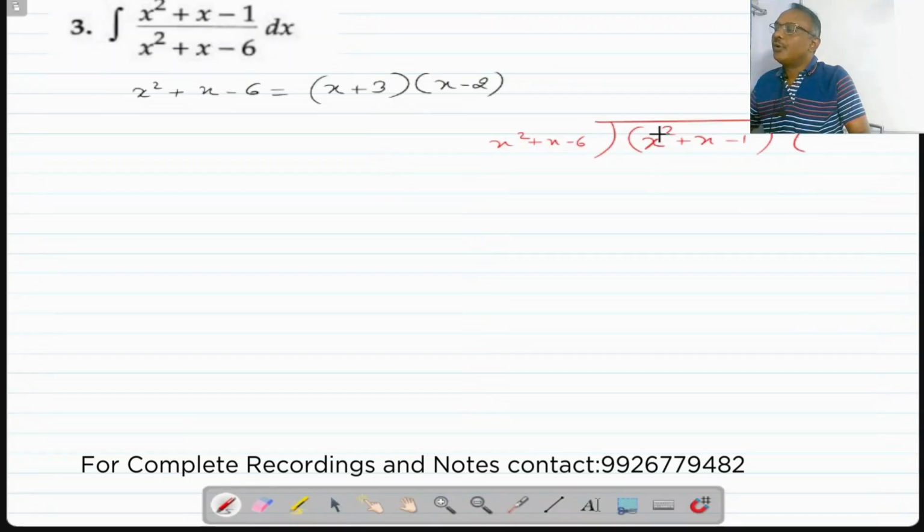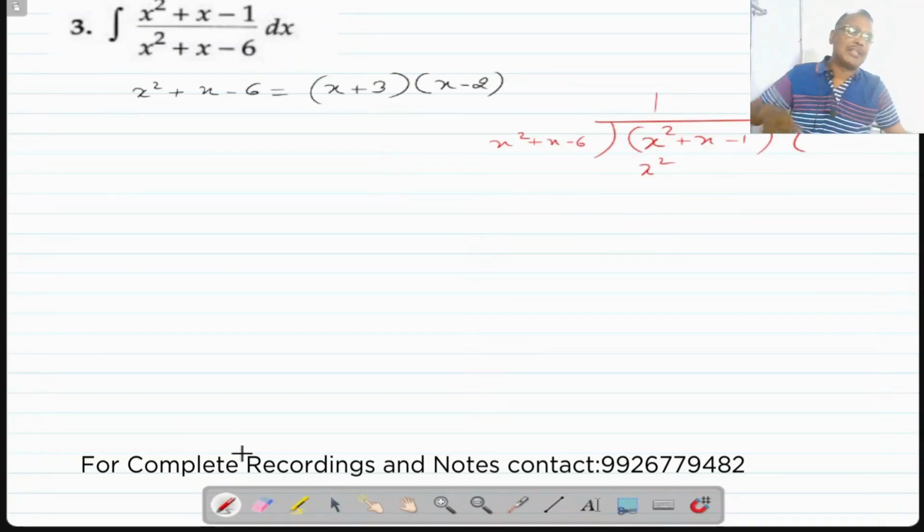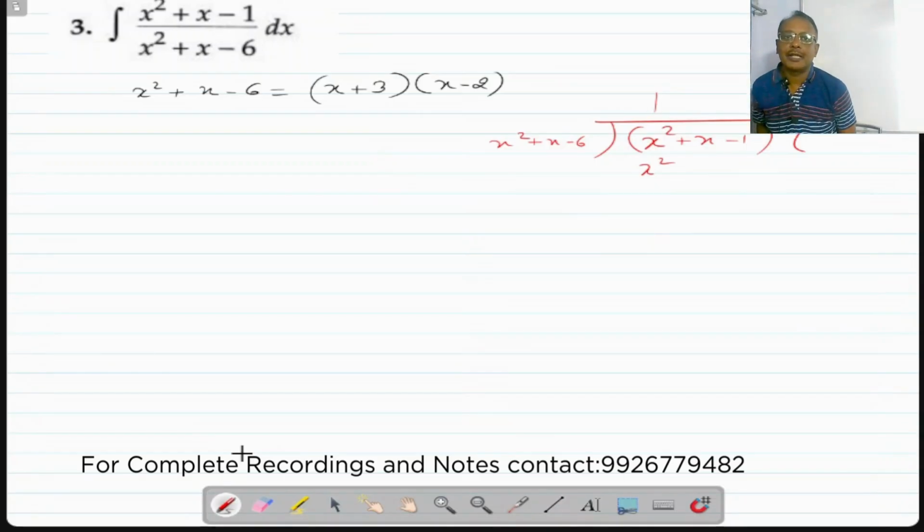In what is it going to go? Will it go in one time? तो पार्शियल फ्रैक्शन कहता है चल अभी डिवाइड भी मत कर, पार्शियल फ्रैक्शन और हेल्प कर रहा है तेरे को. बस इतना बता, in what is it going to go when you divide? It is going to go in one time.